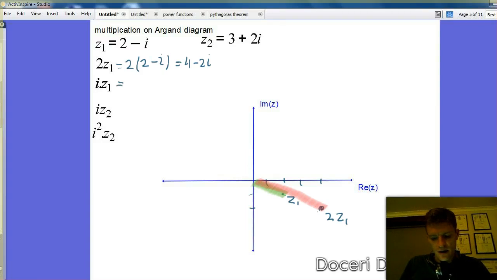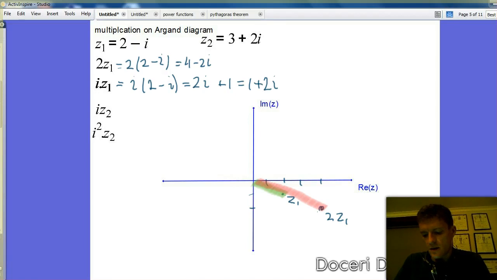As a number, we get i multiplied by 2 minus i gives us 2i plus 1. Remember i squared is -1, so that's where the negative became a positive. So first, we've got z1 in the green.